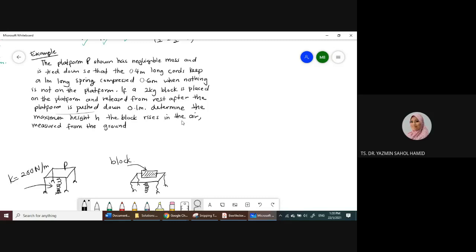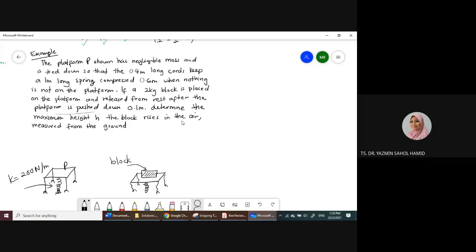So the platform P shown has negligible mass and is tied down so that the 0.4 meter long cord keeps a 1 meter long spring.